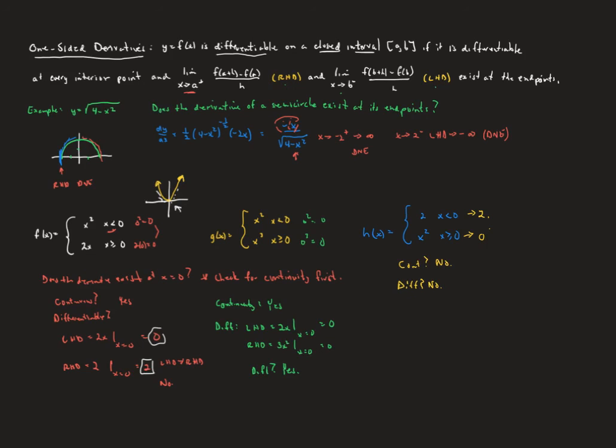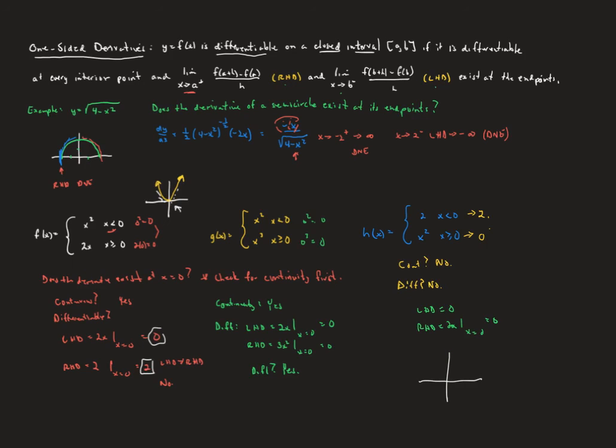Now, if you weren't being alert and looking at the continuity issue, you could look at the left-hand derivative and see that on the left, when you take the derivative of 2, you get 0. The right-hand derivative is going to be 2x, which at 0 is also 0. So you could be mistaken and say that it was differentiable if you neglected to consider the continuity piece.